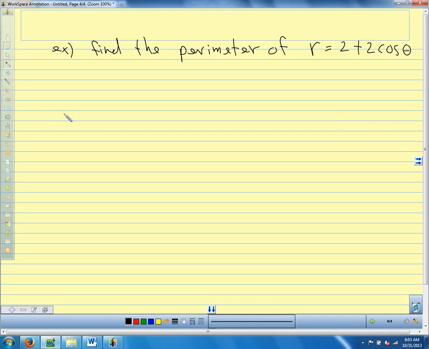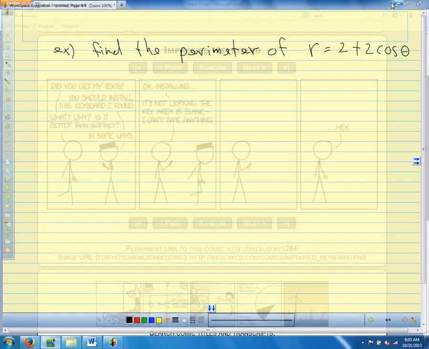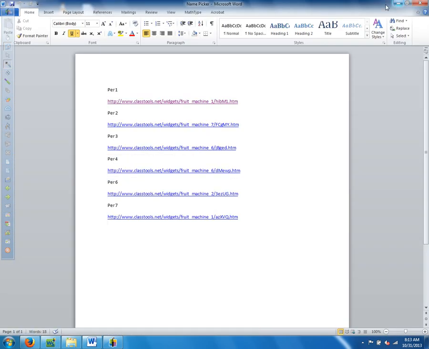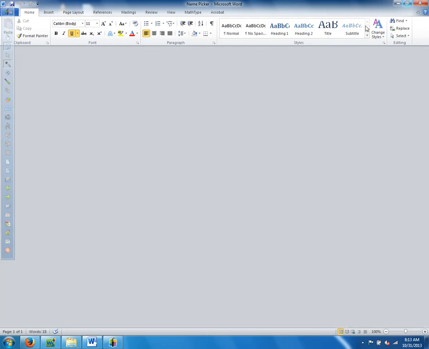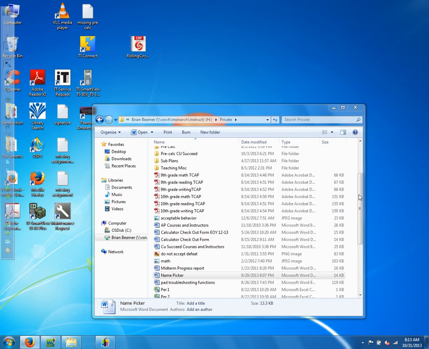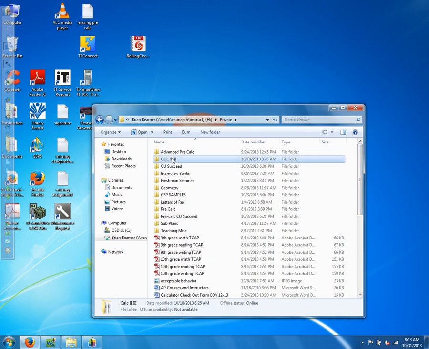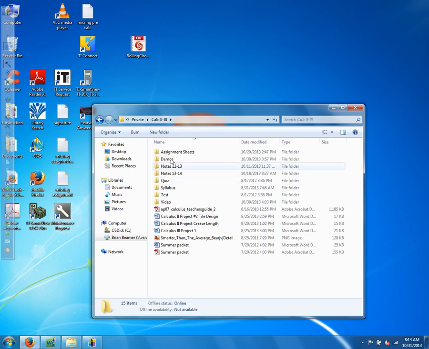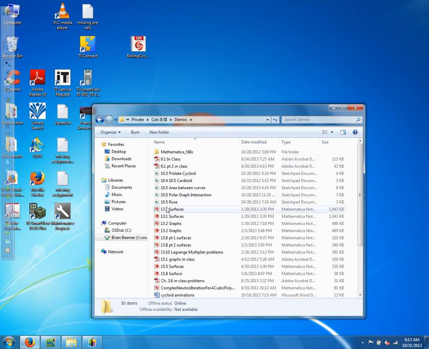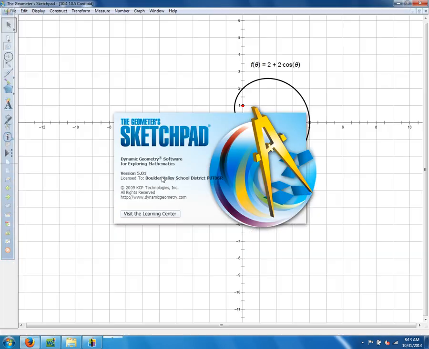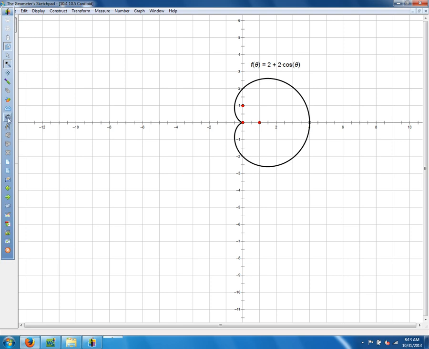Do we need to see the graph of that one again? Yeah, let's look at the graph. All right, there's our cardioid.